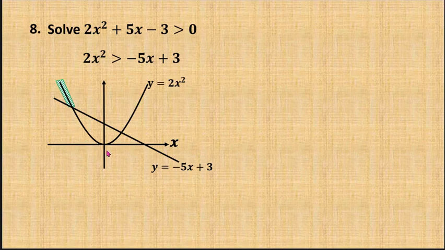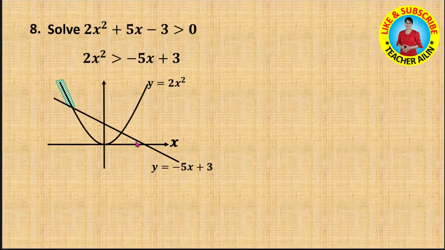Then we move on. At the middle part of the graph, notice that the straight line is above the curve. And this is not what we want. Then on the right-hand side of the diagram, once again, the curve is above the straight line, which is what we want.